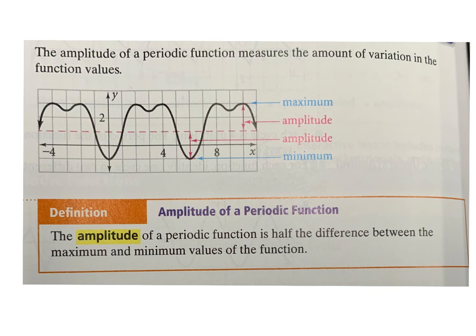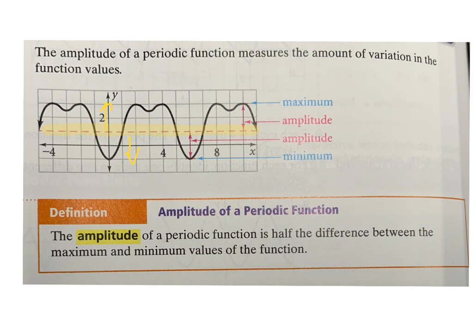All right, let's look at this. Amplitude. This is a new term. The amplitude of a periodic function is half the difference between the maximum and the minimum values, okay? And so if you were to draw a line directly in the middle of the graph, and that's what this dotted line is, how far you go up and how far you go down is going to be the same because it's directly in the middle.